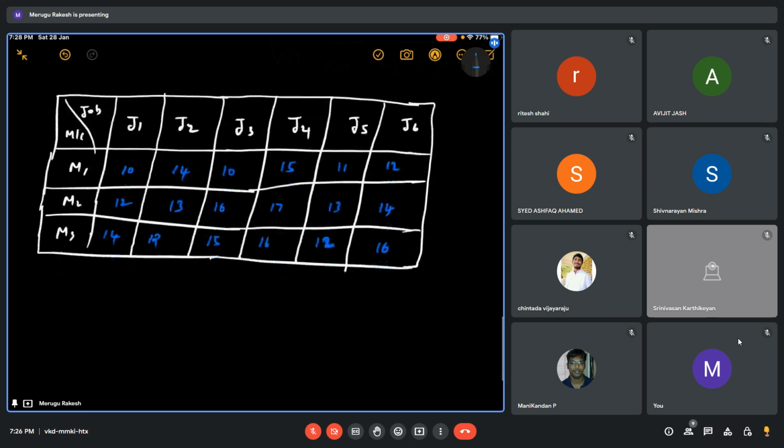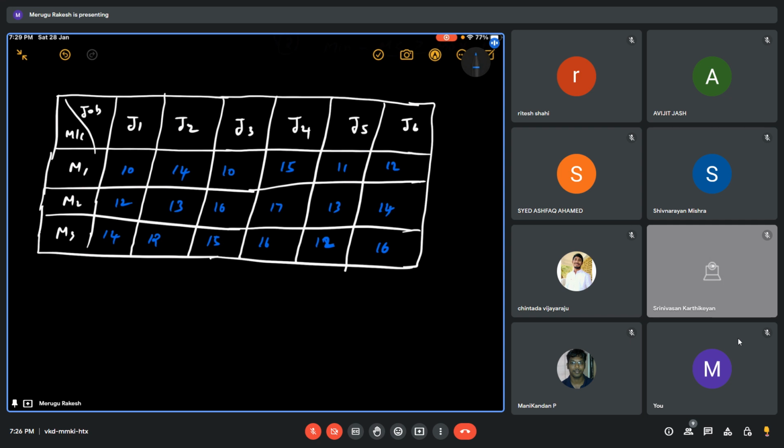In this type of questions, what we do is we convert these 3 machines into 2 machines theoretically. Then we will get the job sequence. Once we get this job sequence, we again follow the previous method itself.